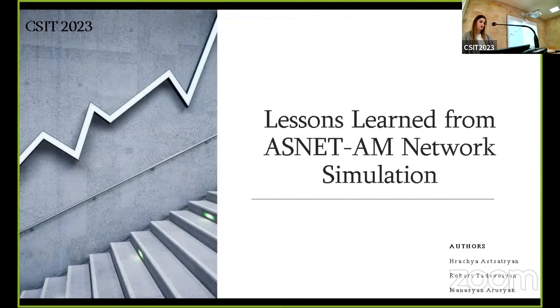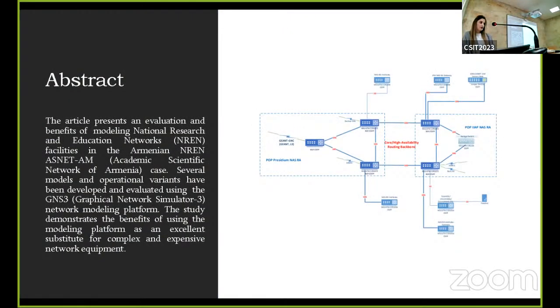Hello everyone. Today I introduce you work that has been simulated, and it's based on our research that has been published. It's about the lessons learned from ASNet AM network simulation. In our article, we evaluate the benefits of modeling national research and education network facilities in the Armenian ASNet AM case.